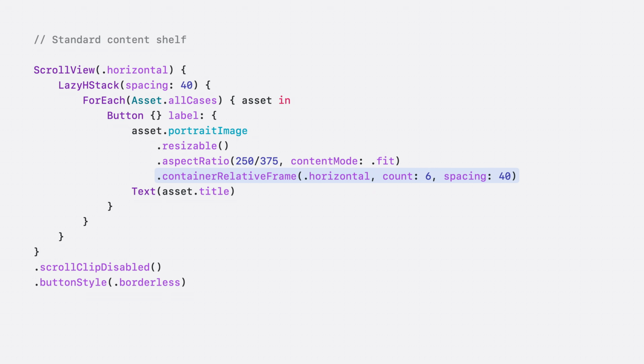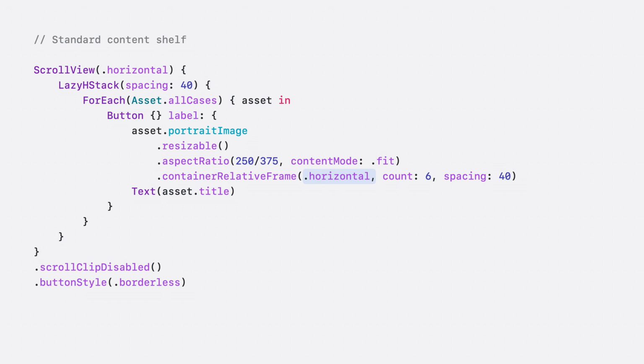This will automatically adjust the content so that it aligns with the leading and trailing safe area insets, and will provide enough room for additional items beyond the current scroll bounds to peek into view on either side of the screen. Firstly, the item's frame should be determined relative to the horizontal bounds of the closest ancestor container view. In this case, that's the scroll view.